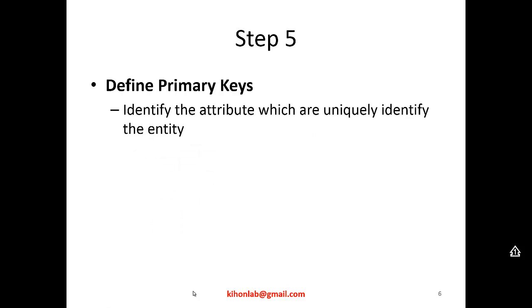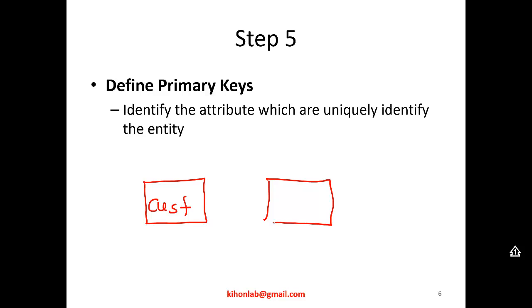Next, once the entities and relationship have been identified, the next step is to define primary keys. Now how do we define primary keys? For each entity, try to find the attribute which uniquely identifies it. In the earlier diagram, we found two entities, customer and product.